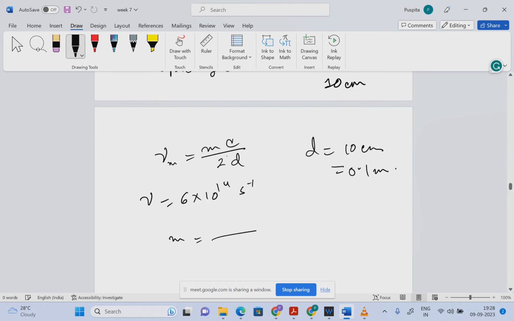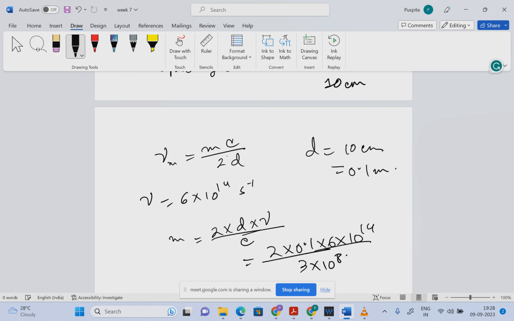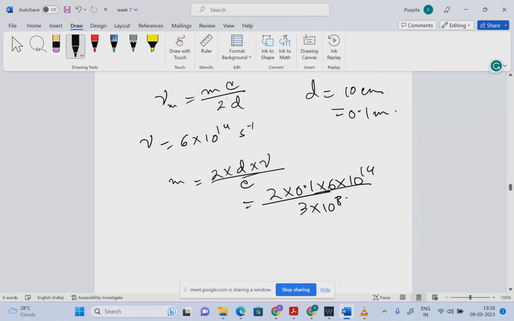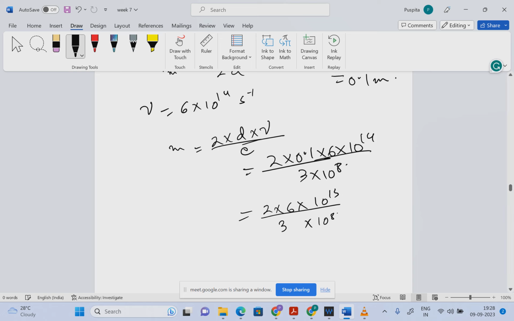So n will be 2 into d into nu by c, which is 2 into 0.1 into 6 into 10 to the power 14 over 3 into 10 to the power 8. This is 2 into 6 by 3, 4 into 10 to the power 8.